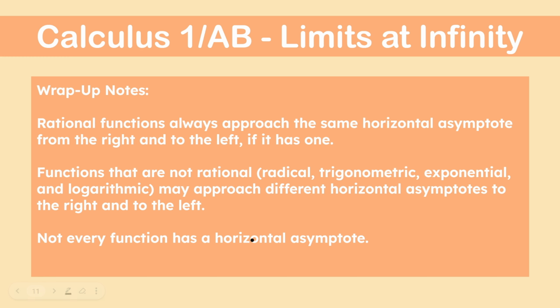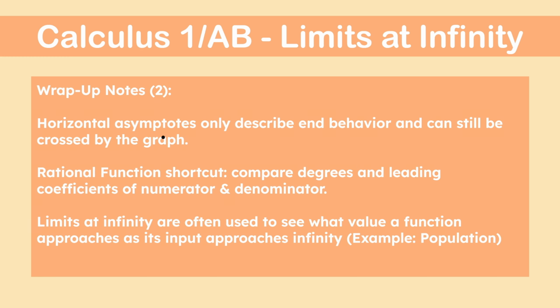Not every function has a horizontal asymptote. Horizontal asymptotes only describe end behavior and can still be crossed by the graph. Rational function shortcut: compare degrees and leading coefficients of numerator and denominator. Limits at infinity are often used to see what value a function approaches as its input approaches infinity. For example, a population function.